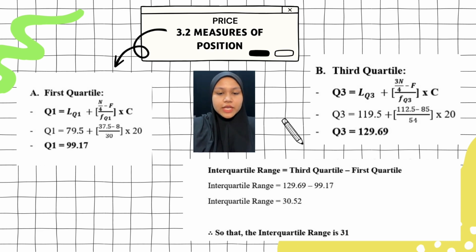Next, the interquartile range can be calculated by deducting the first quartile from the third quartile. To get the interquartile range, we need to calculate third quartile minus first quartile, and the answer is 30.52. So that the interquartile range is 31.